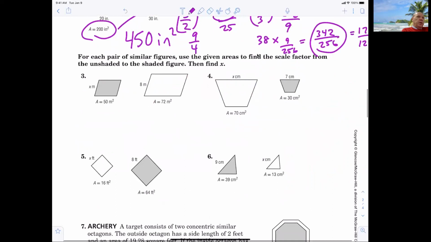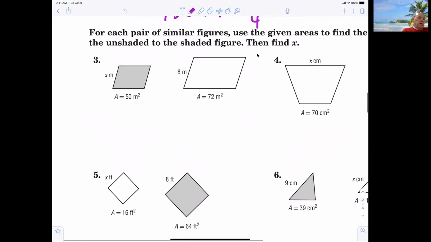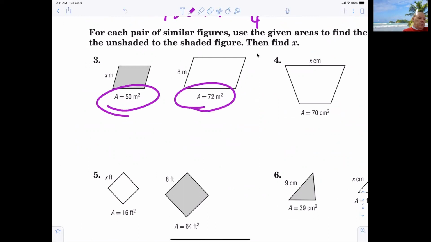No, number 3. All right, now we're back on this. Drew, I have the ratio of the areas, right? So the ratio of the areas is, it looks to me like 36 to 25. So that means the ratio of the sides is 6 to 5, right?